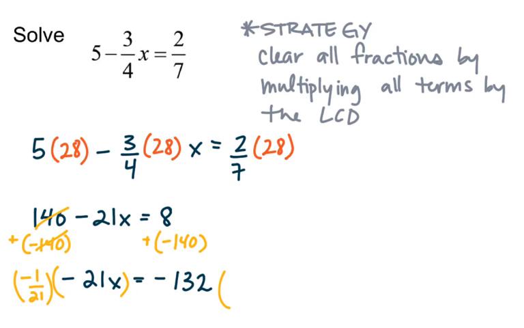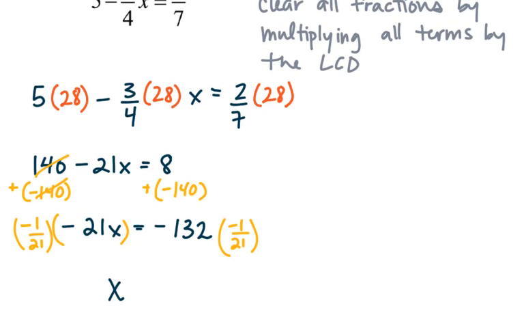Of course, you could just divide on both sides by -21. Writing that either way means the same thing, and that gives me x equals 132 over 21. And that fraction, of course, reduces to 44 over 7. So that would be my answer here.